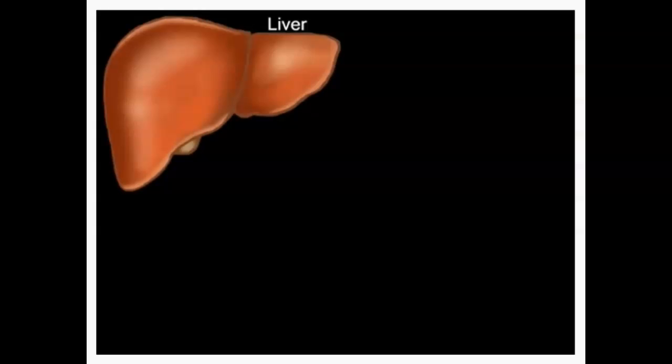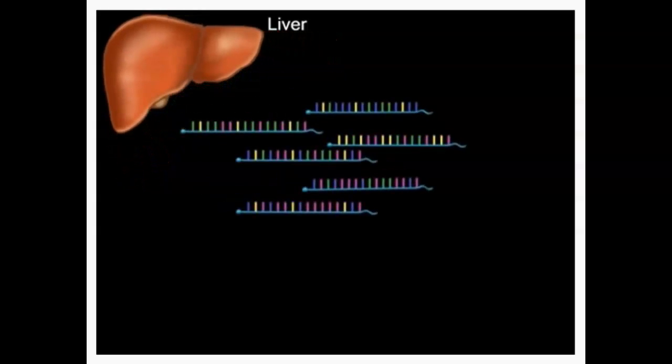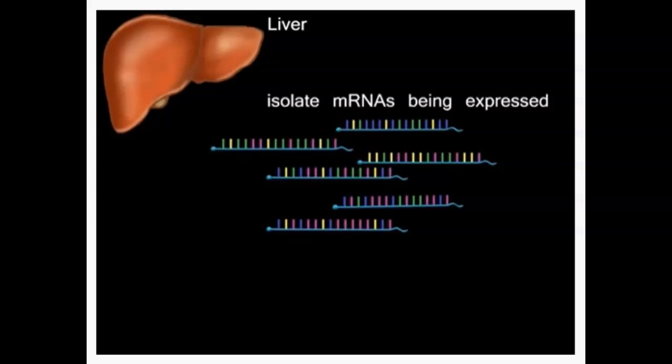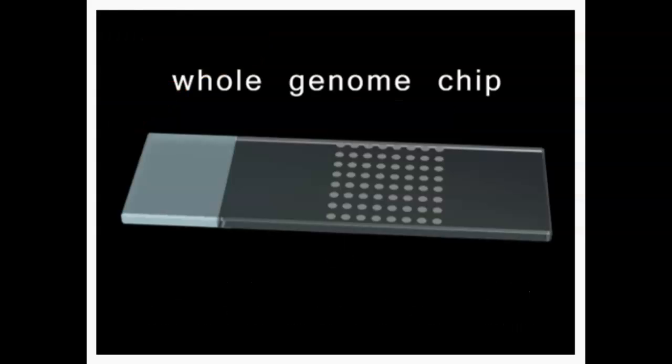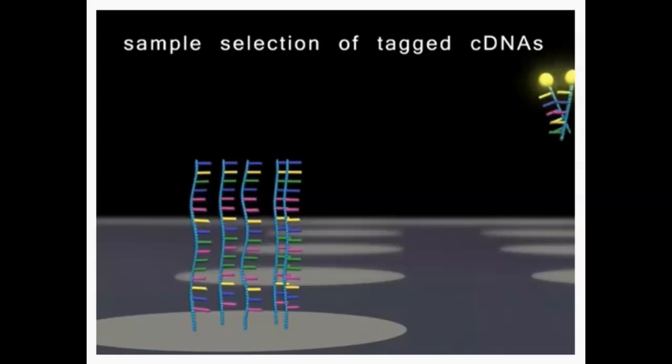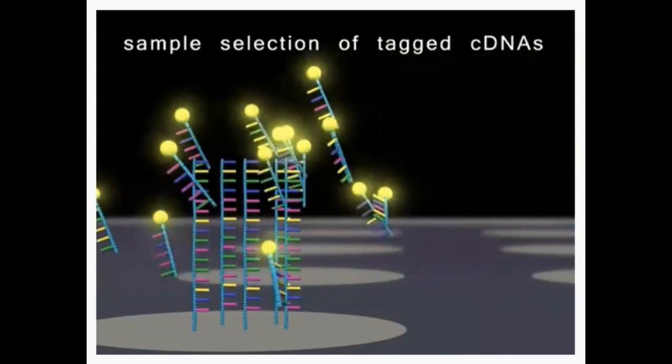So for gene expression profiling, for example in the liver, you could take some liver tissue, extract and isolate messenger RNAs. Messenger RNAs means the protein is actually being expressed. You can produce complementary DNA. Then you can do a whole genome chip where the whole genome's complementary sequences are on the chip.